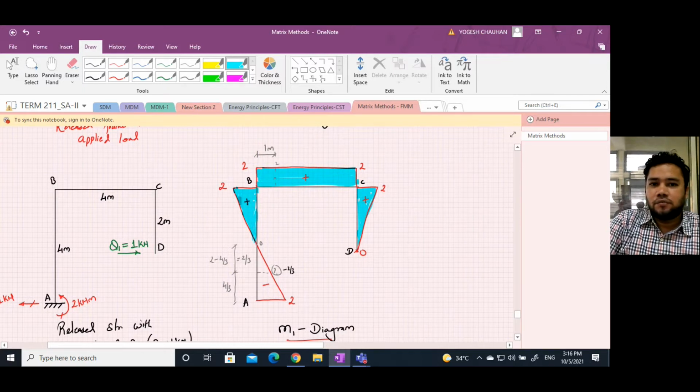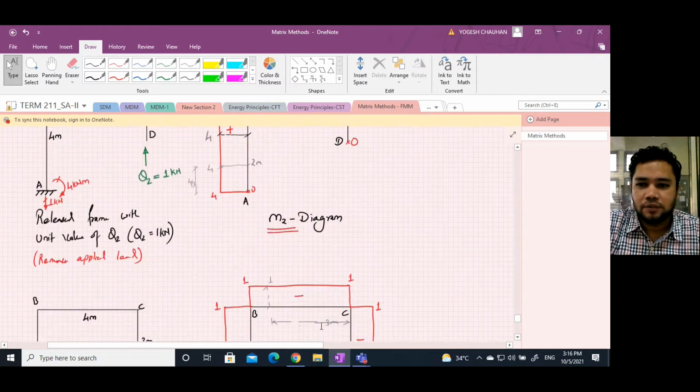Here you find the ordinate in the same diagram. Same way you take this area under this, and multiply it with the ordinate of the CG of the same diagram. Okay, so let us find this.